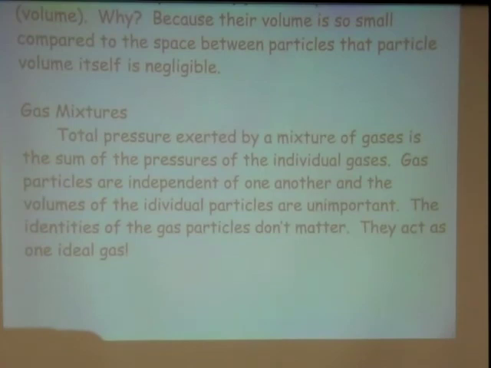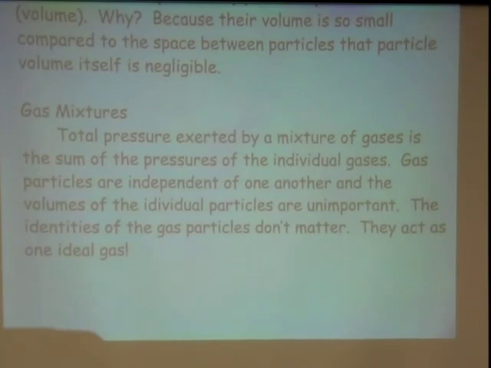So, because their volume is so small, there's so much space between them that it's not until we squeeze gases down to a very, very tiny volume that their volume and the kind of molecule that they are even come into play at all.